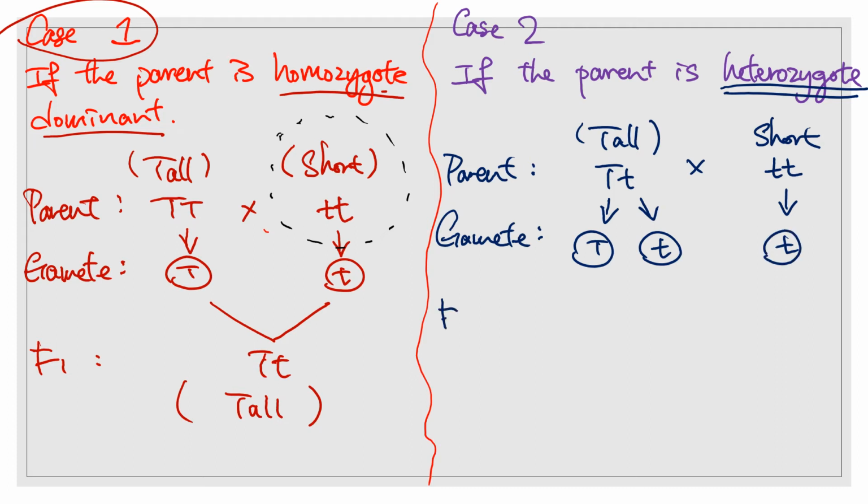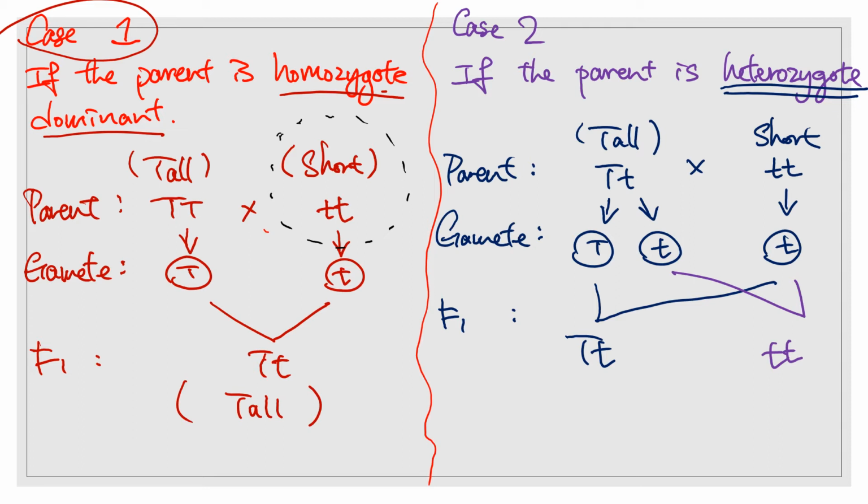And then for the F1 that comes out, you have two different combinations here. So it can have an offspring with big T and small t, and then another combination of small t, both small t.